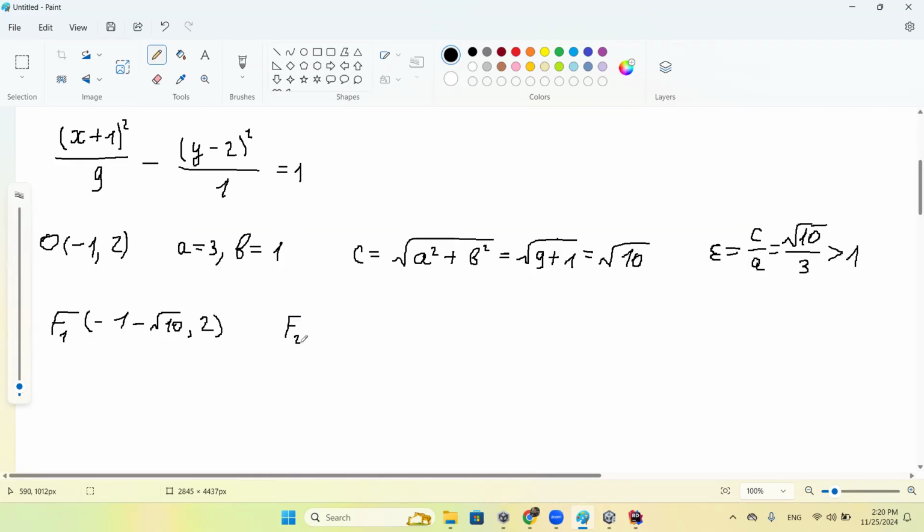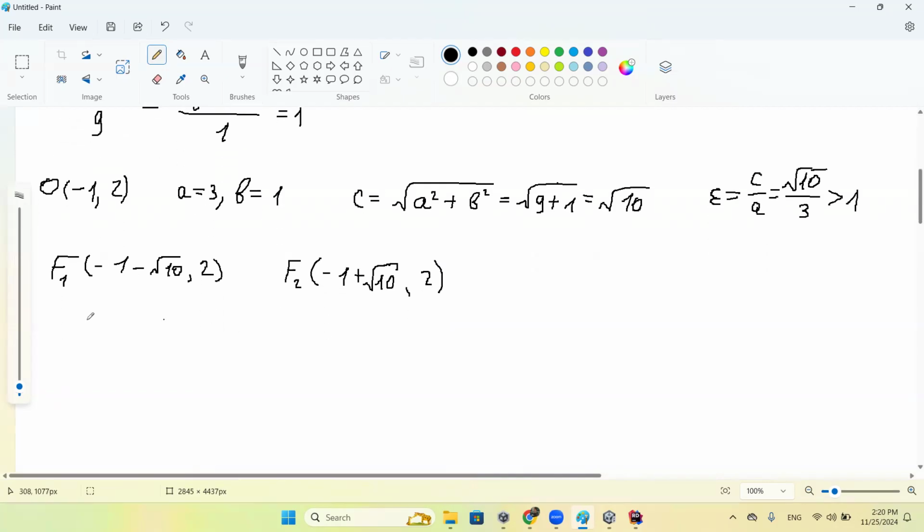And F2, so we add to the point C0, the coordinates of the center: minus 1 plus square root of 10 and 2. So found. Now finding directrices, analogically.